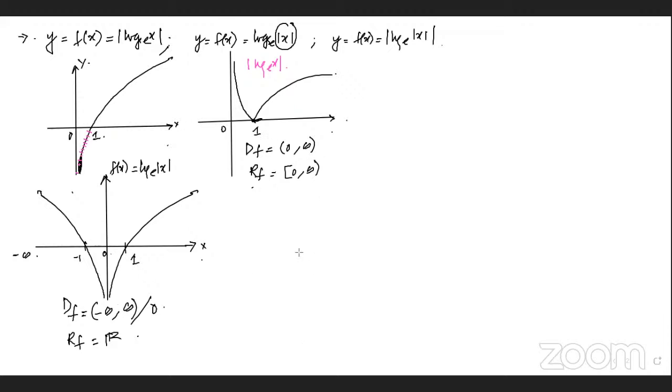Then the next one will be your, see, it is log of mod x. तो ये आ गया log of mod x. अब इस पे मॉडुलस है तो ये नेगेटिव पोर्शन ऊपर जाएगा, तो मतलब क्या होगा?